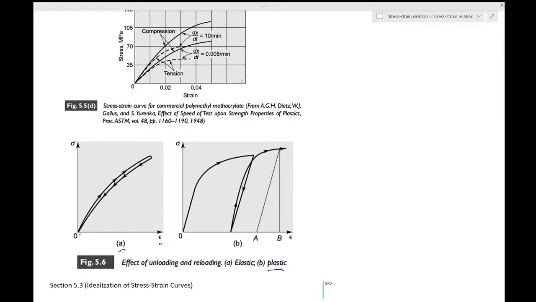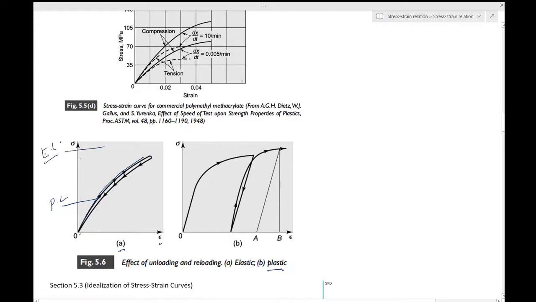So this shows the loading and unloading behavior of a material which is elastic at stress greater than the proportional limit. Even after the linear proportionality is lost, the proportional limit might be somewhere over here and the elastic limit might be somewhere over here.